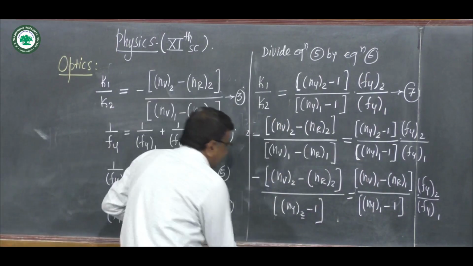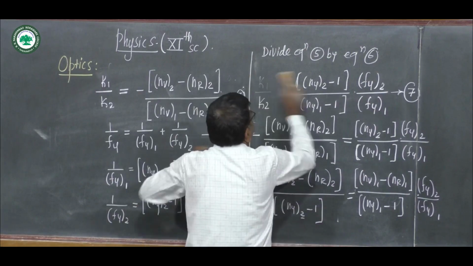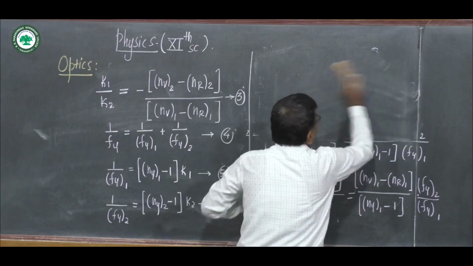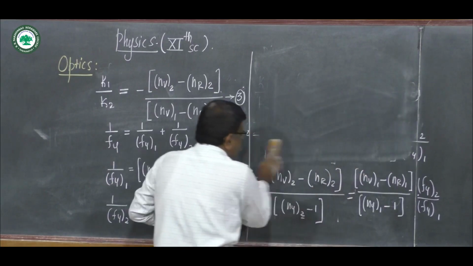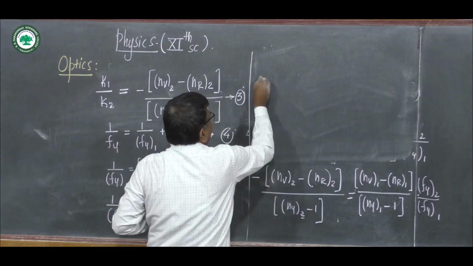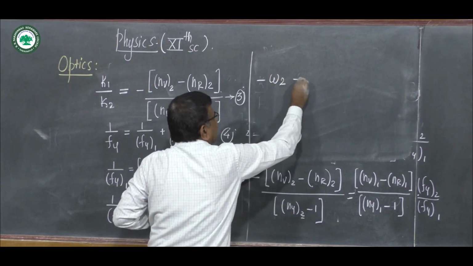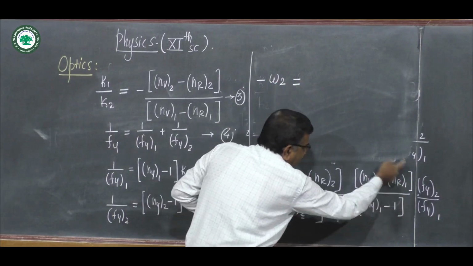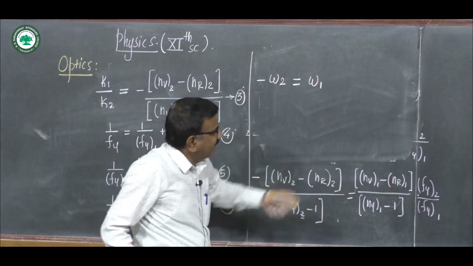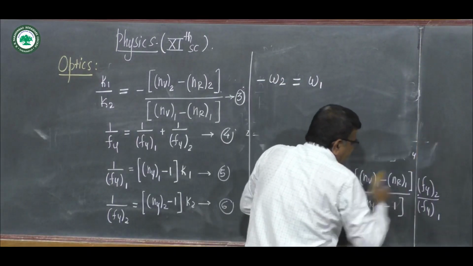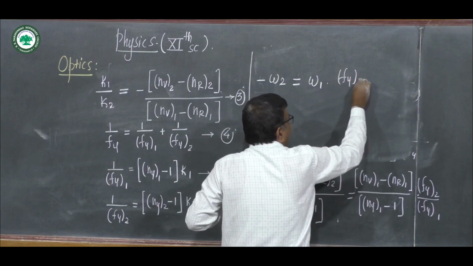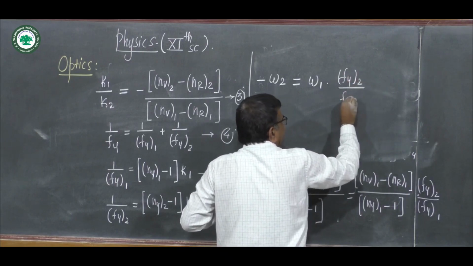Hence we write this equation as, very simple part, this much is omega 2, so minus omega 2, this much part is omega 1, is equal to omega 1, and that part as it is, that is Fy2 upon Fy1.